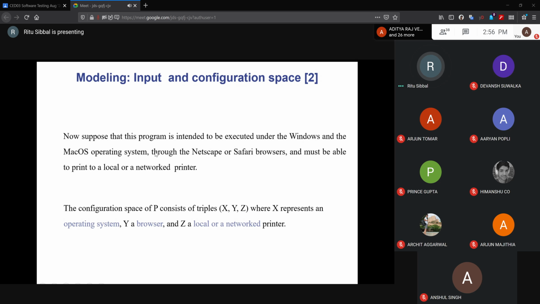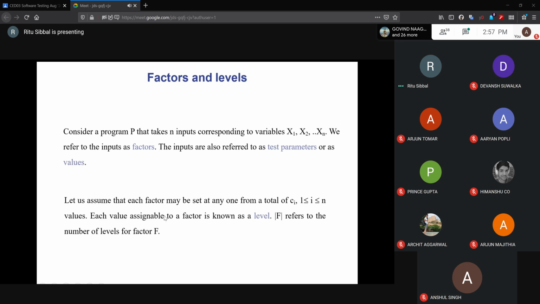Each value which is assignable to a factor is known as a level. So the variables are the factors, and the values they can take are called levels. In simple terms, suppose I have variables A, B, C, D, X, Y, Z. These are my factors, and whatever values they can take, those are the levels.